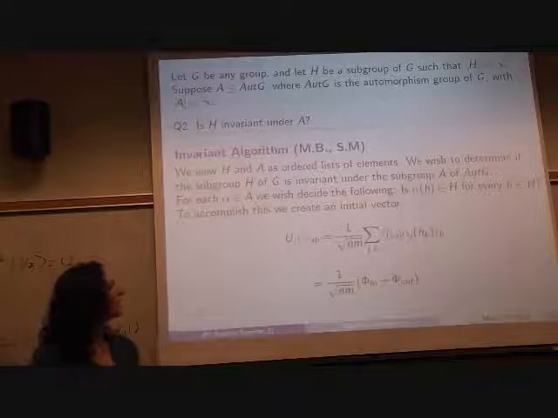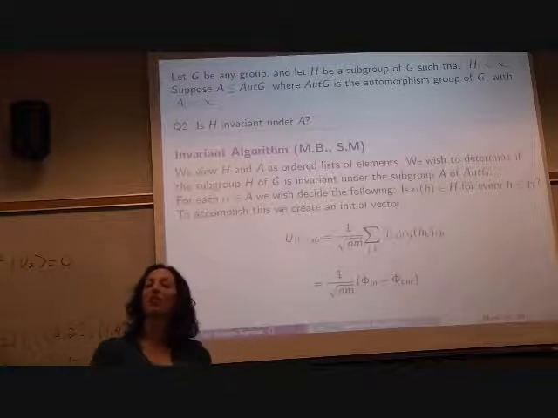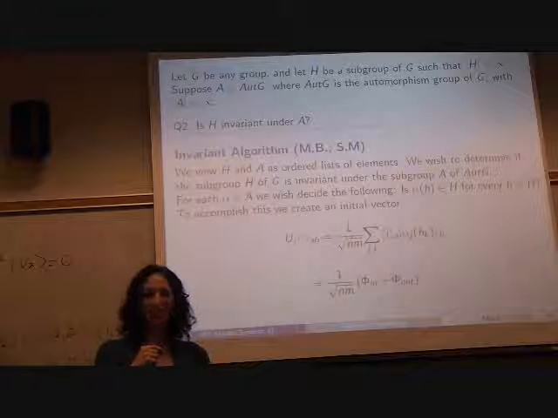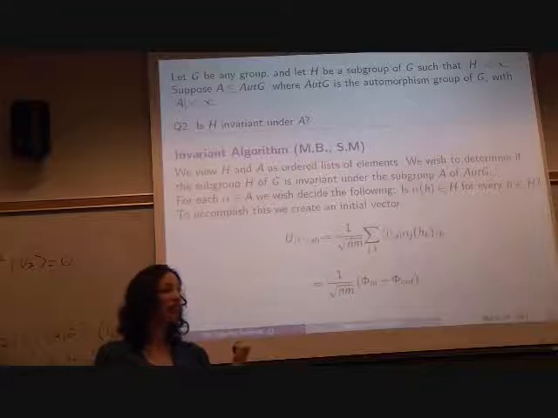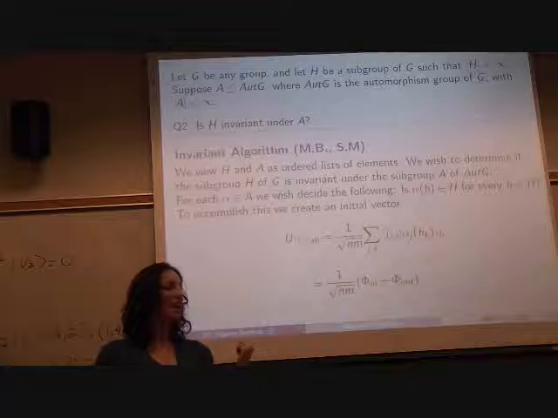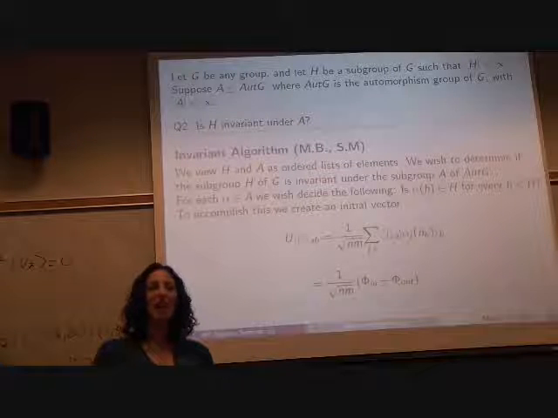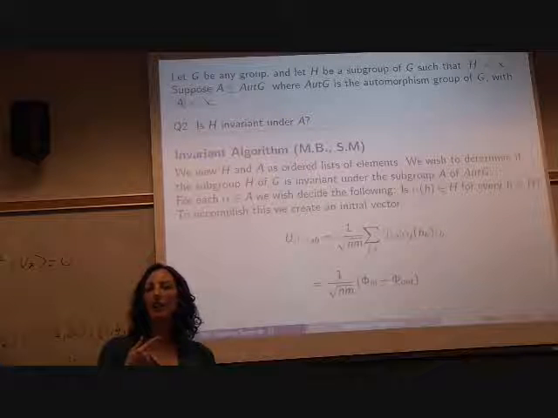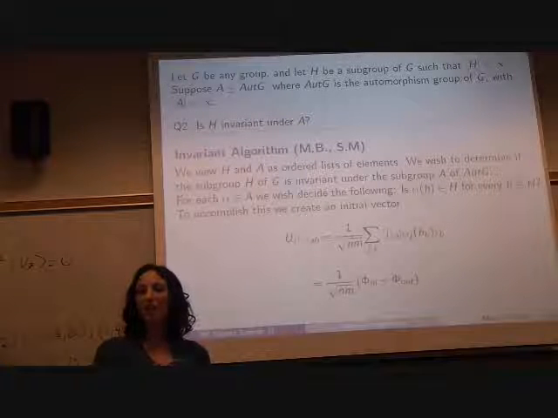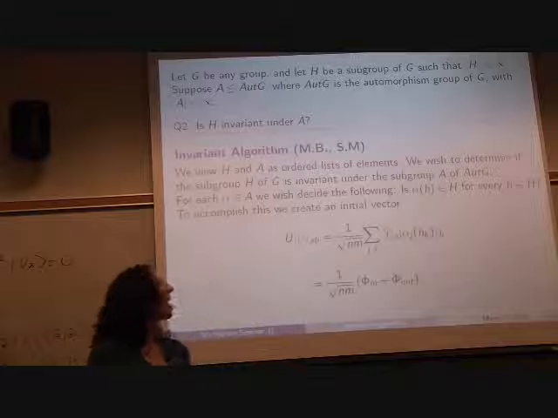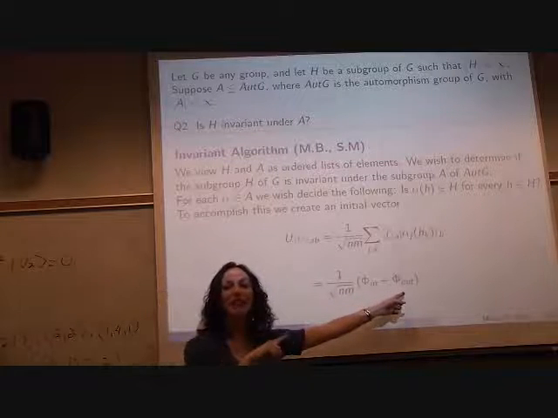And so what's going to happen is some of the images are going to lie inside H again, and some of the images are going to lie outside of H. So in a very clever way, we set up our Grover operator so that it's going to flag or amplify the coefficients of the images that fall outside.